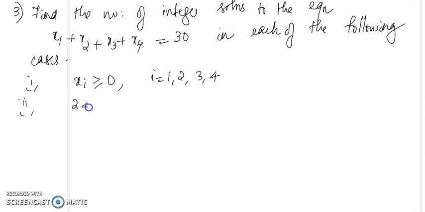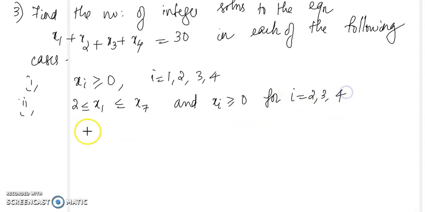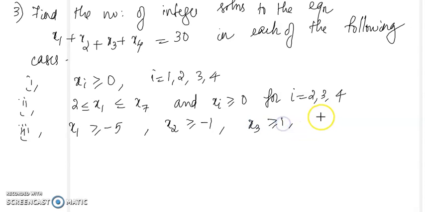Then you have 2 less than or equal to x1 less than or equal to 7, and xi greater than or equal to 0 for i equal to 2, 3, 4. And the third subdivision is you have x1 greater than or equal to -5, x2 greater than or equal to -1, x3 greater than or equal to 1, and x4 greater than or equal to 2. So let us see the solution.